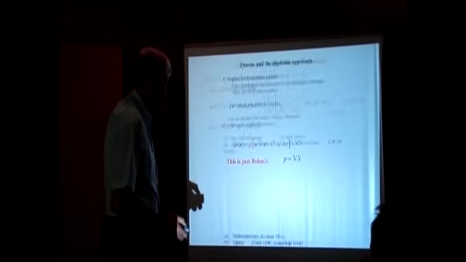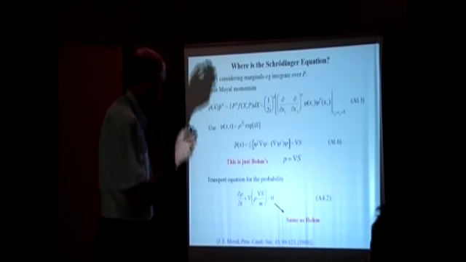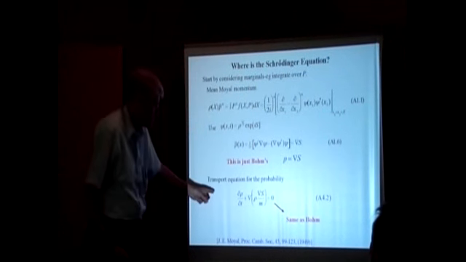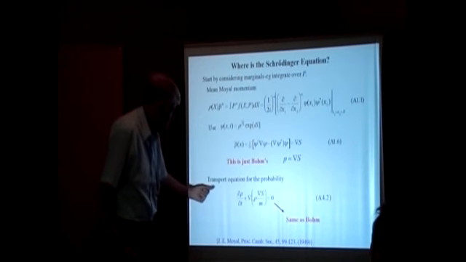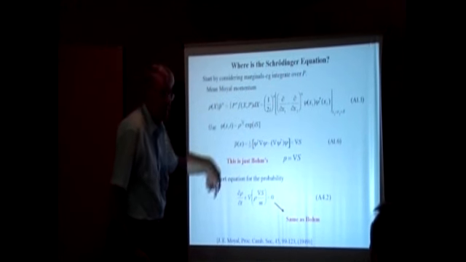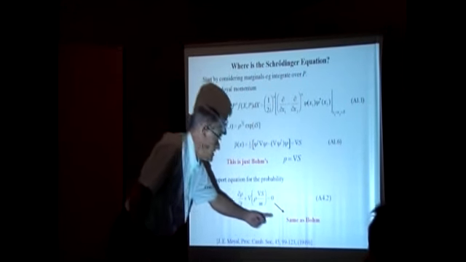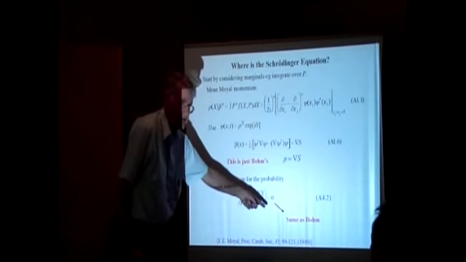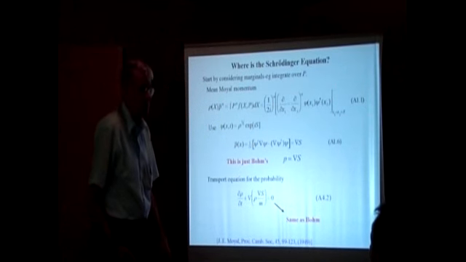Then you go a little bit further. If you look at the transport equation for the marginal probability when you integrate over it, you find it's just conservation of probability, which is the second equation in the Bohm outfit.